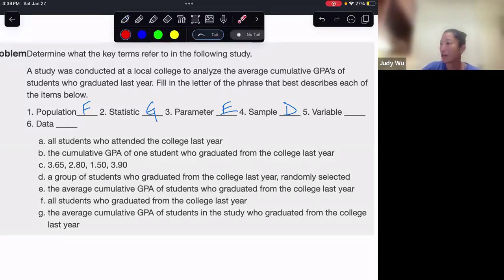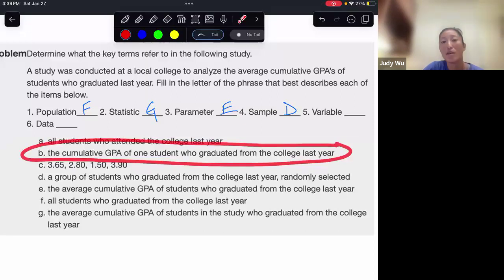Next up in our text, we talk about something called a variable. Whether you like math or not, a variable might be something that's quite familiar to us. We usually use letters like X or Y or T, but a variable is basically some sort of measure or characteristic that can be determined for each member of the population. What we find here is that this GPA we can measure for each student.